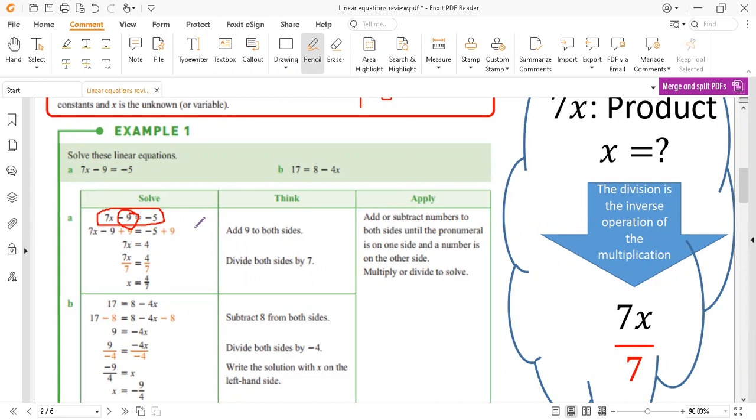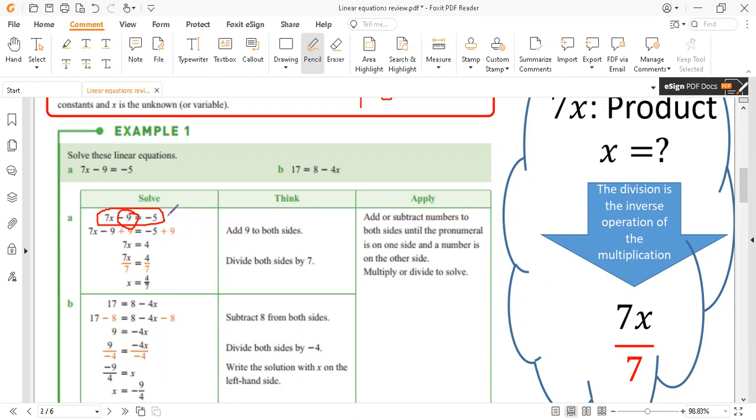When we are operating with equations, we have terms on the left-hand side and terms on the right-hand side. So normally to add, we add 9 to the left-hand side and 9 to the right-hand side, or we can operate differently by moving minus 9 to the right.